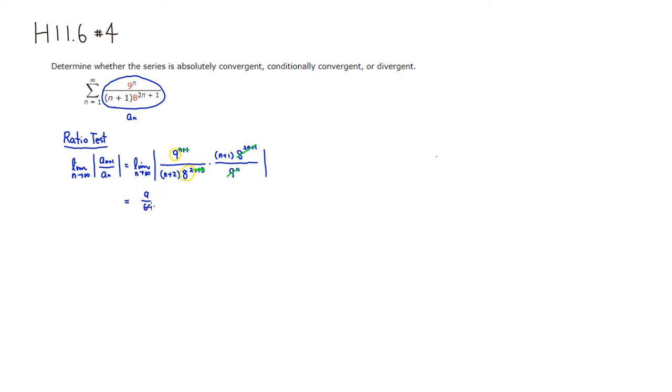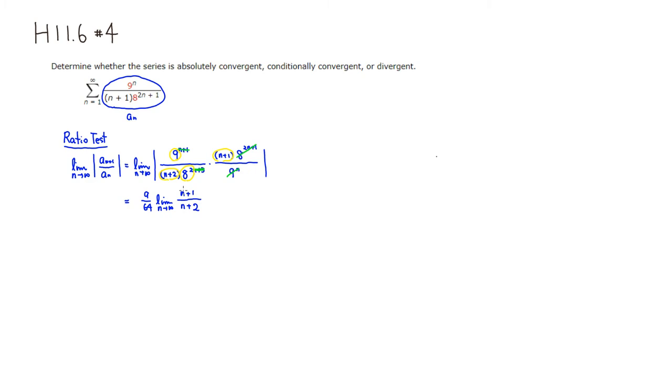Then we still have to take the limit as n approaches infinity of what's left: n plus 1 on top and n plus 2 on the bottom.